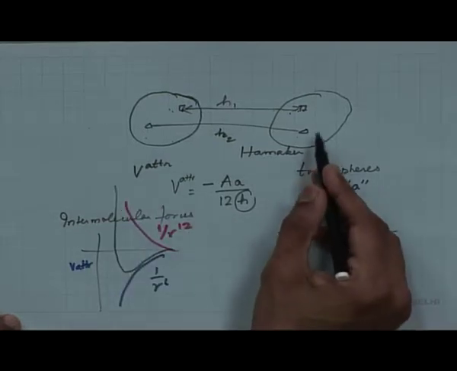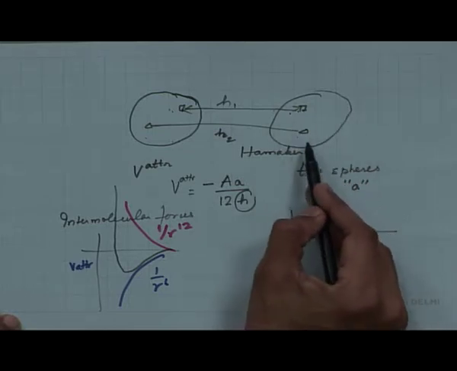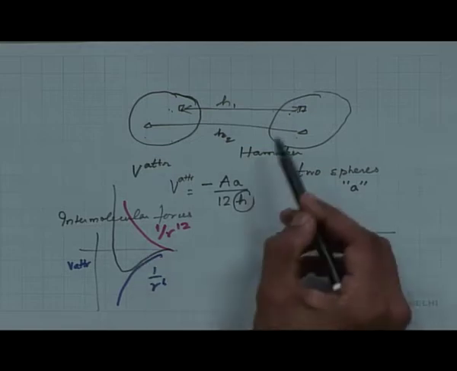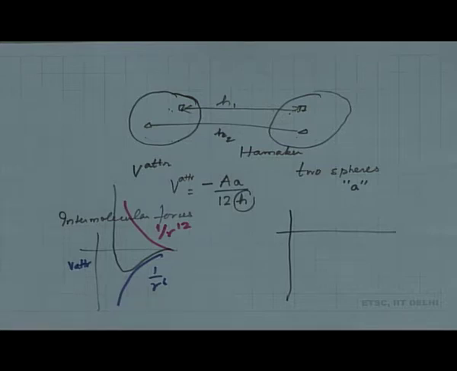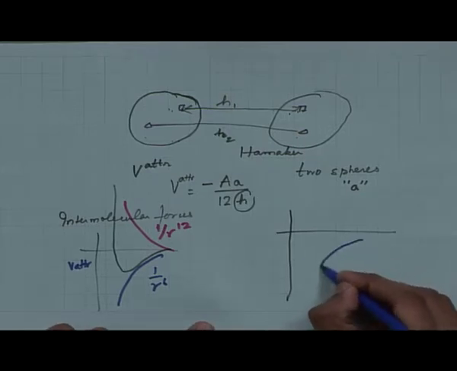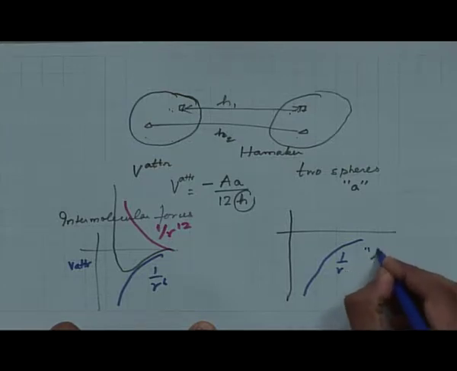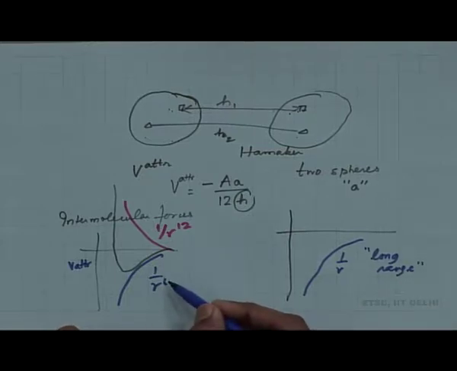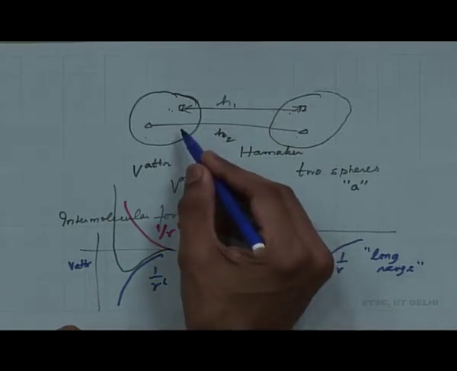But here, because now you have not microscopic particles, but colloidal particles which have much larger size relative to the molecules, and you have charges all around it, this attractive potential is now of the form 1 over r, and 1 over r means that this is a long range force. This is much longer than the 1 over r to the 6 here. So, this is 1 over r when you have colloidal particles.